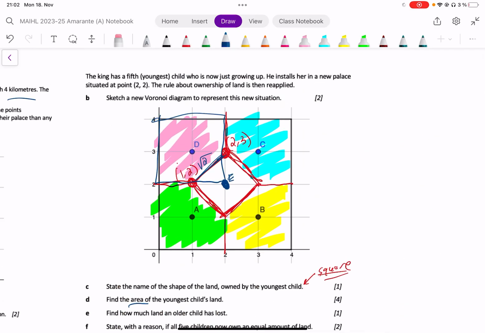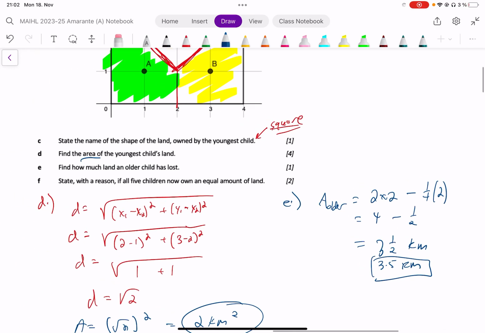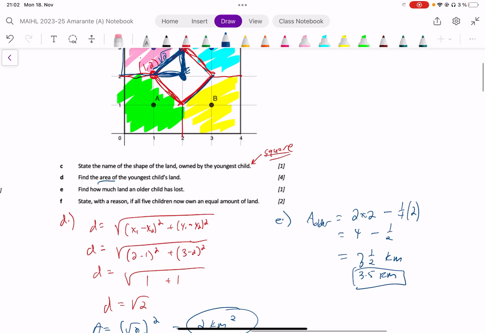But then I have to take away, well, what's the area of that? Well, that's 1/4 of the middle child's land, so minus 1/4 of 2. And so it's 4 minus 1/2, so it's 3.5 square kilometers. That's how much each of these shapes are. So there, there, there, there, there.